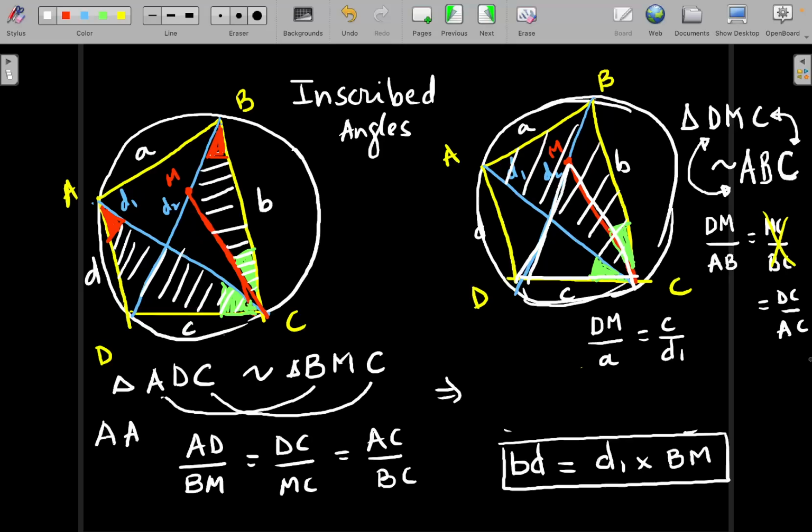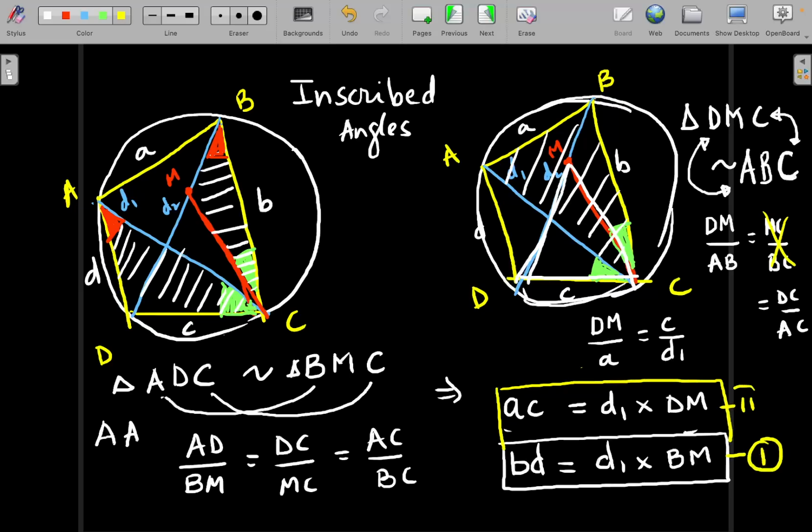Okay, so there we go again. We have, please do the cross multiplication. AC will be equal to d1 into DM. So this is the symmetric counterpart result due to the other two similar triangles, and this was the first pair of similar triangles, this was the second pair of similar triangles, and all I need to do now is add them.